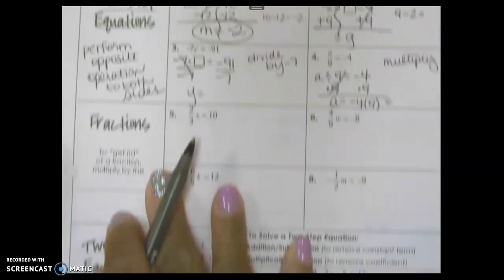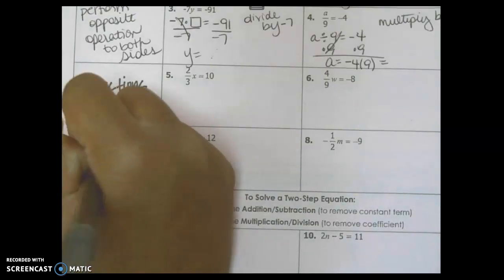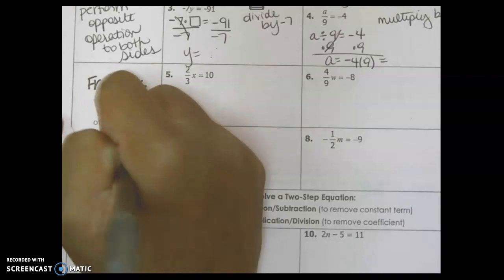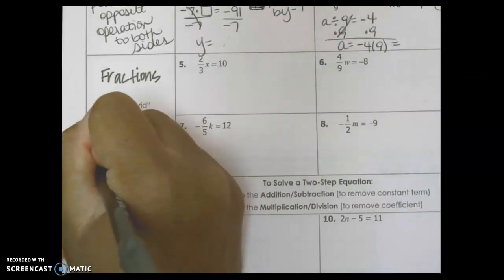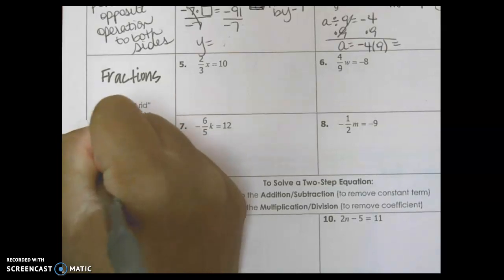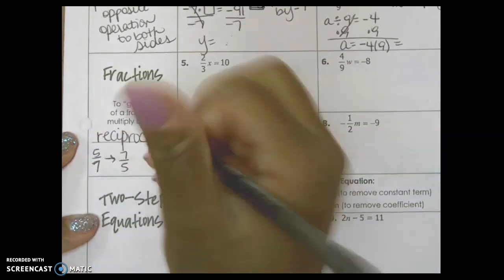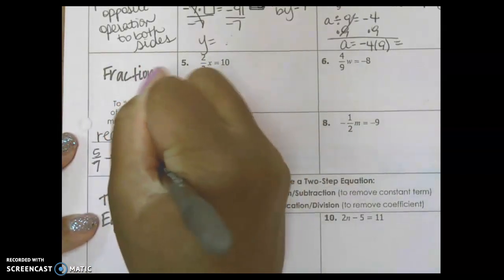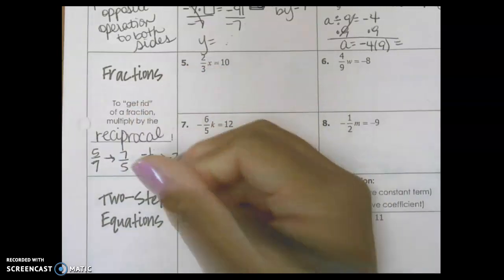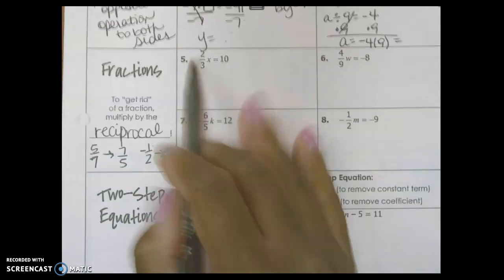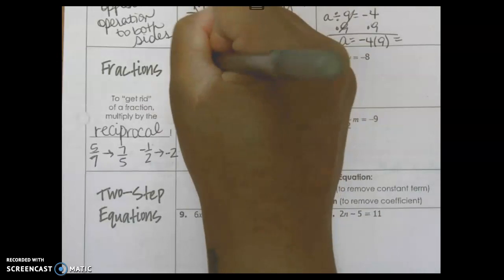Fractions. To get rid of a fraction, you must multiply by the reciprocal. The reciprocal is just the fraction that is flipped. So 5/7 flipped would be 7/5. -1/2 flipped would be -2, because -2 over 1, you don't need the 1. So right here, you're multiplying both sides by 3/2.